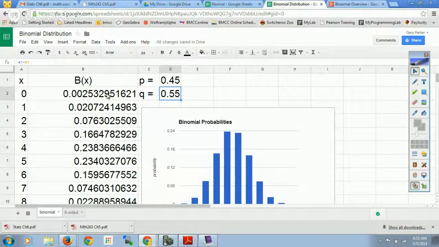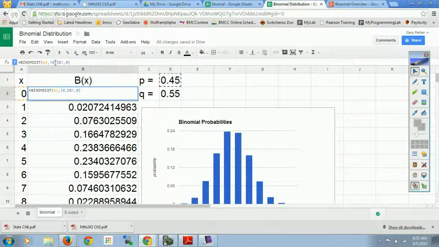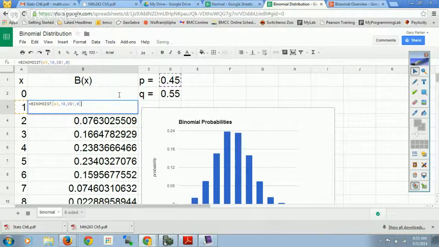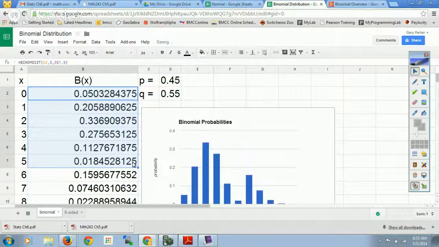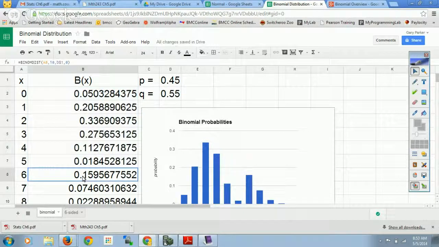So I need to redo this to go for 5 trials. So we'll just adjust the formula here from 10 to 5 and fill it down. And ignore the results. Actually, I'll just delete them for now.